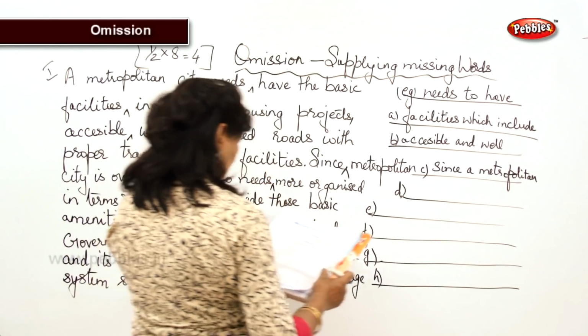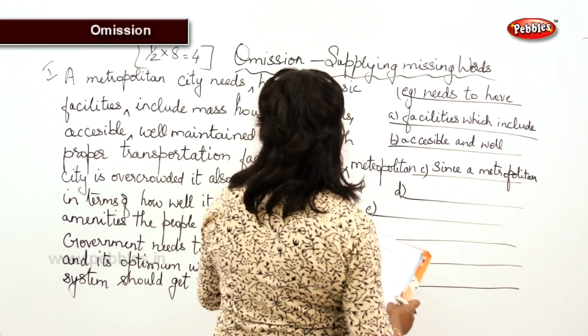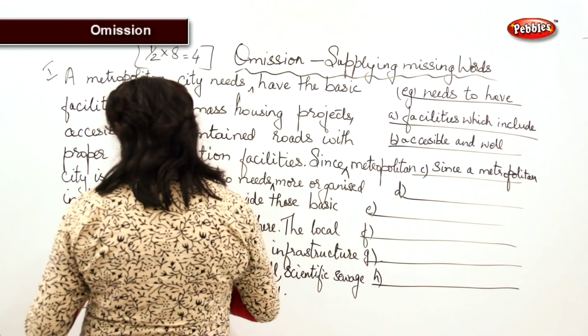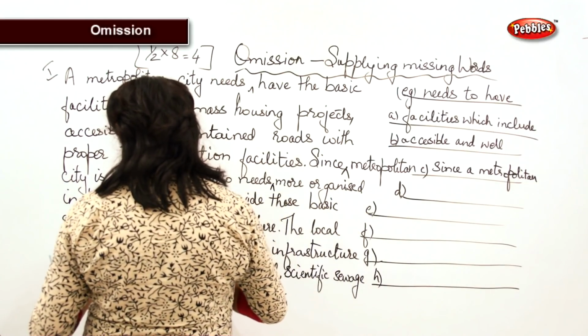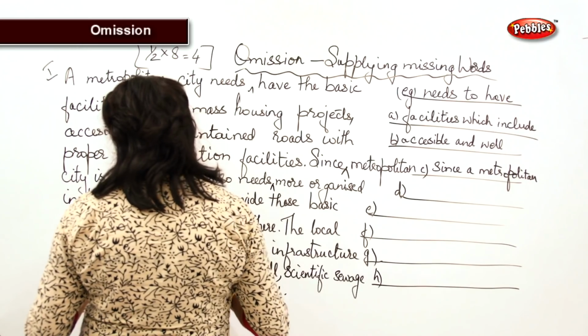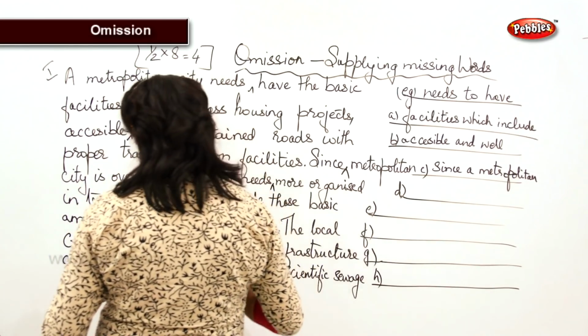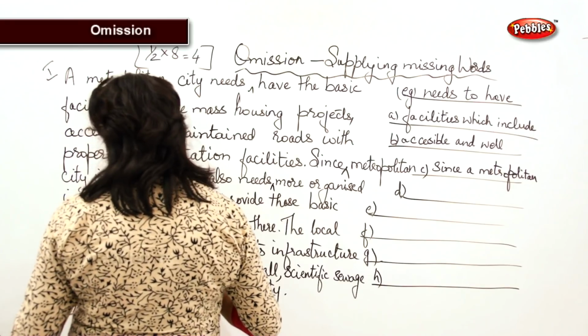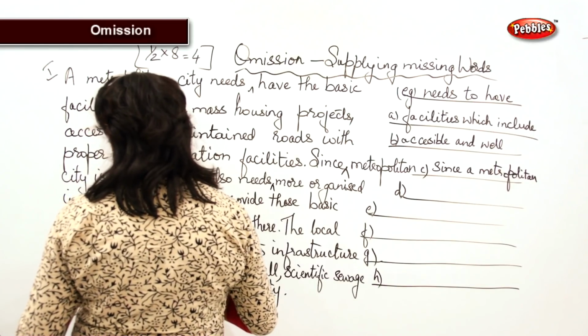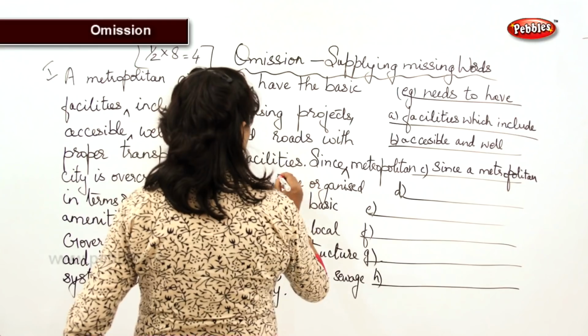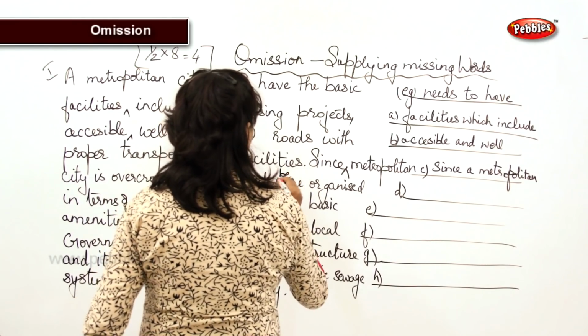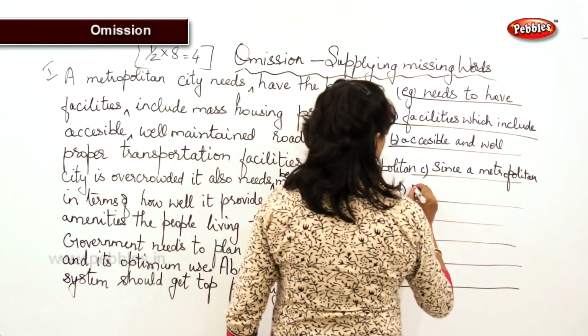Okay, now which line are we in? D. Okay, D. Here I forgot B is already there. Needs to be.